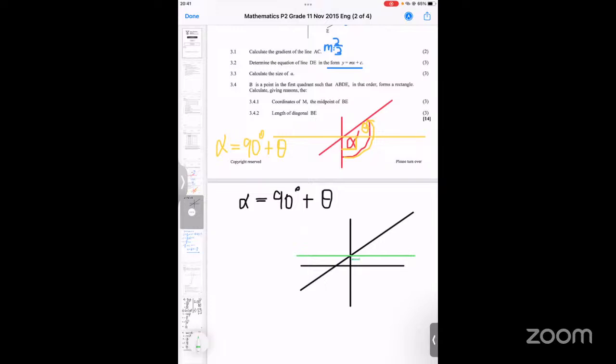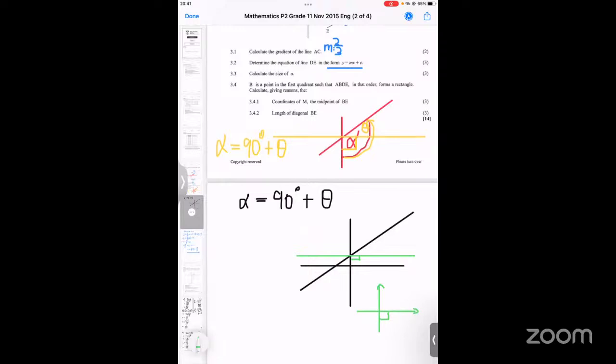I'm not sure if you agree with me on that one. So I'm just saying, if you have a vertical line and a horizontal line, the angle formed there is 90 degrees. Yes, sir.